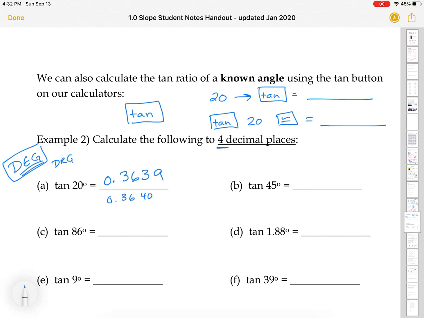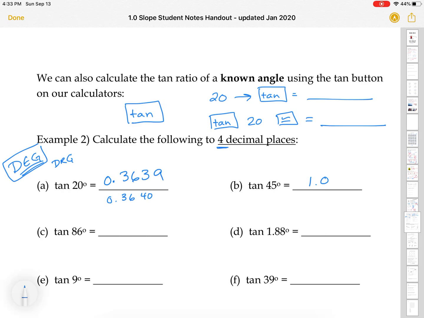If you didn't get this answer, just let me know and I can help you through getting your calculator in the right mode. Okay. The next one, tan of 45. So you put 45 in and hit the tan button and you get 1. Just 1. You could write 1.0 if you want, but it's just 1. Again, if you don't get that answer, you're probably not in the right mode, and let me know and I'll help you fix it.